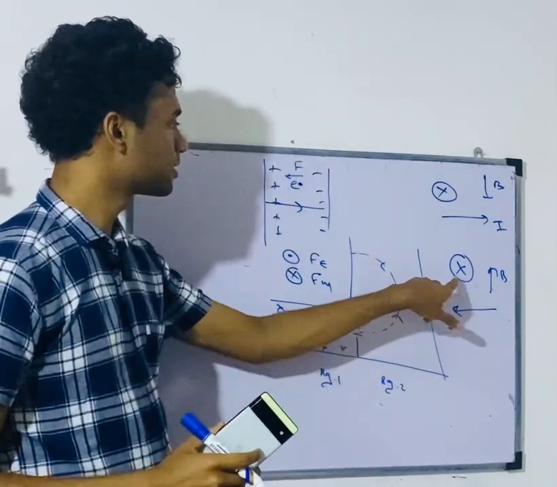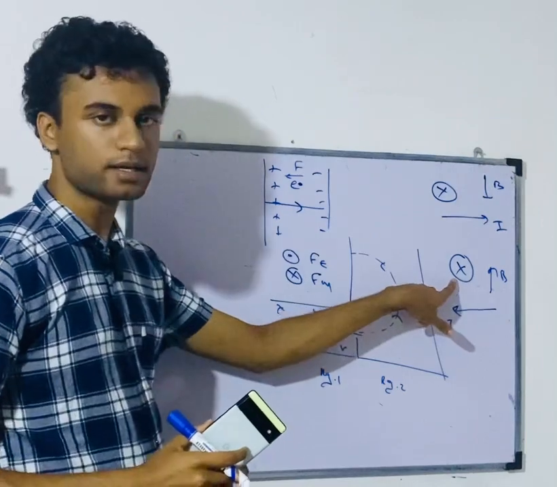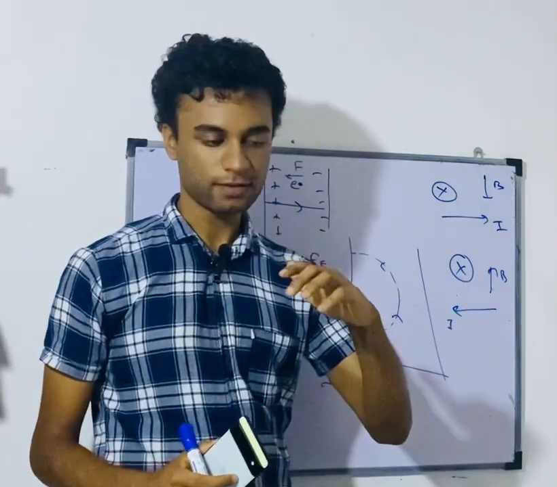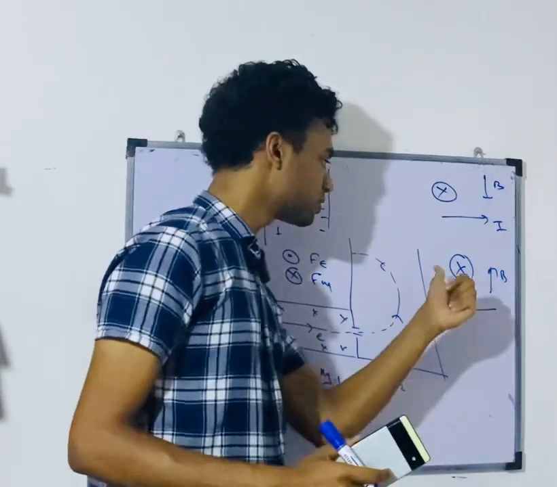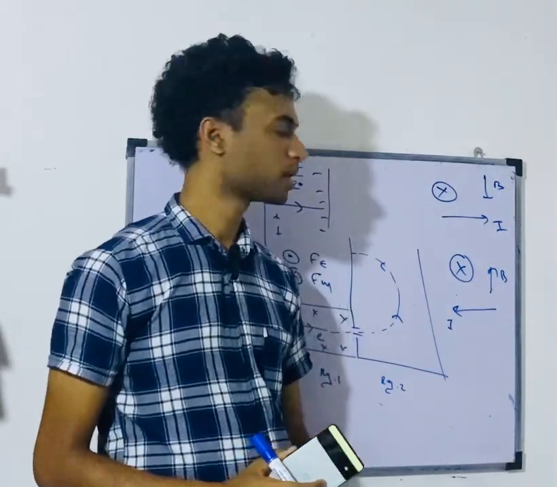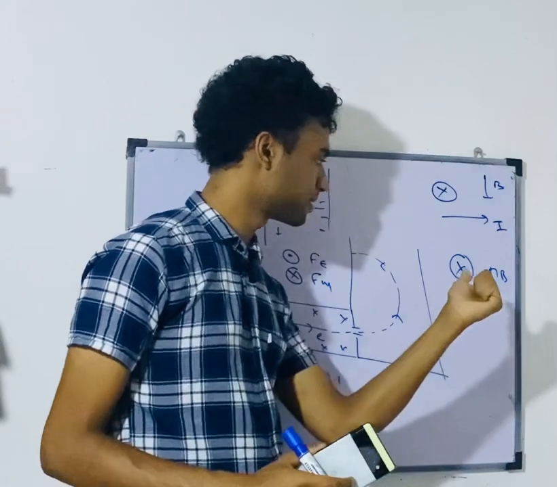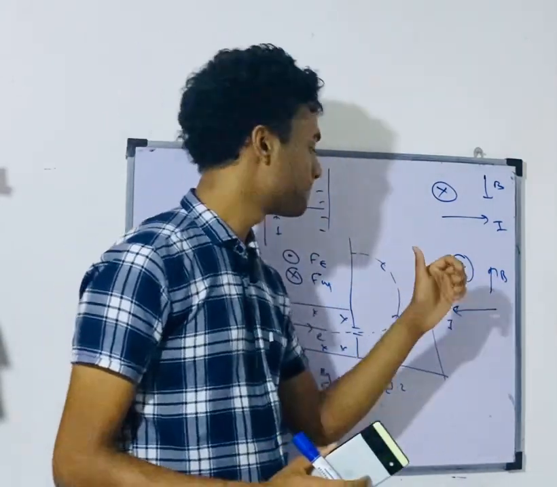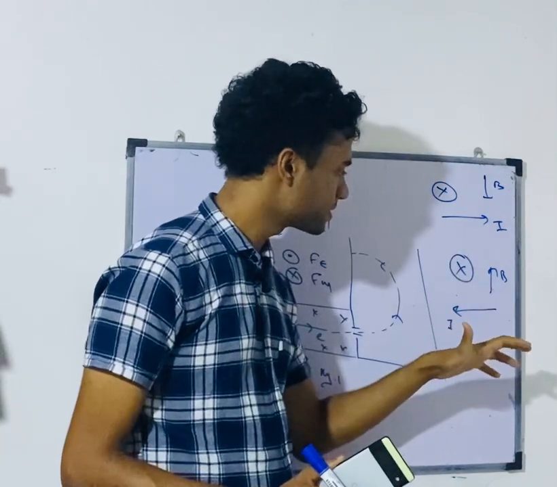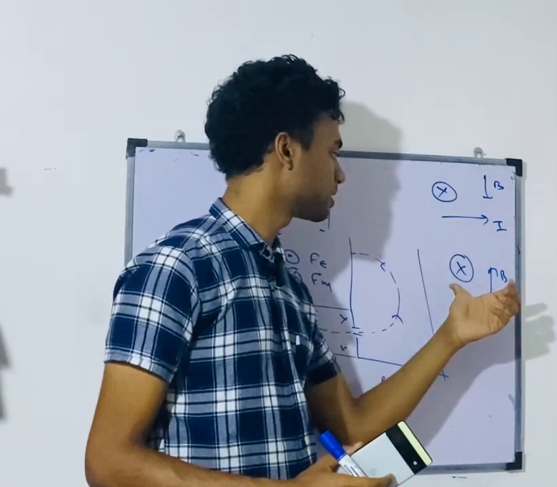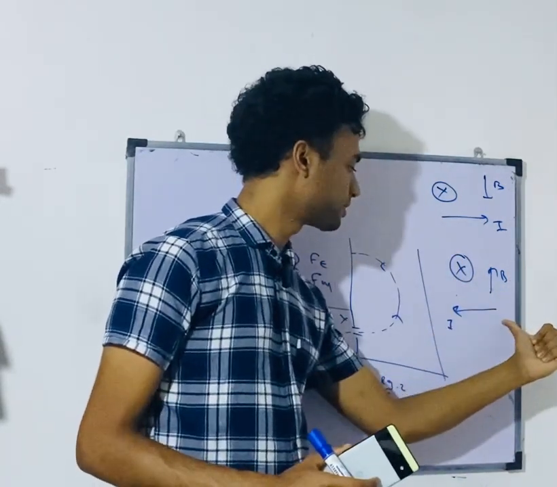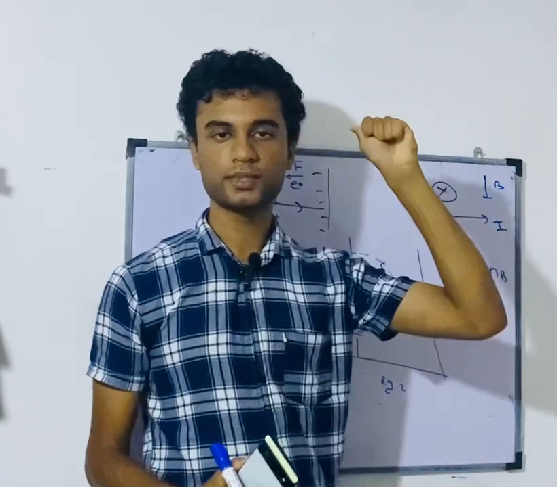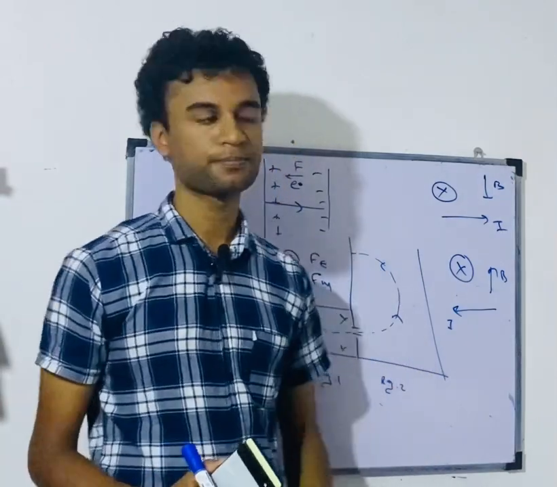The magnetic force is existing into the whiteboard and the current is going to the left, then the magnetic field should be occurring upwards. So you guys get this technique, right?